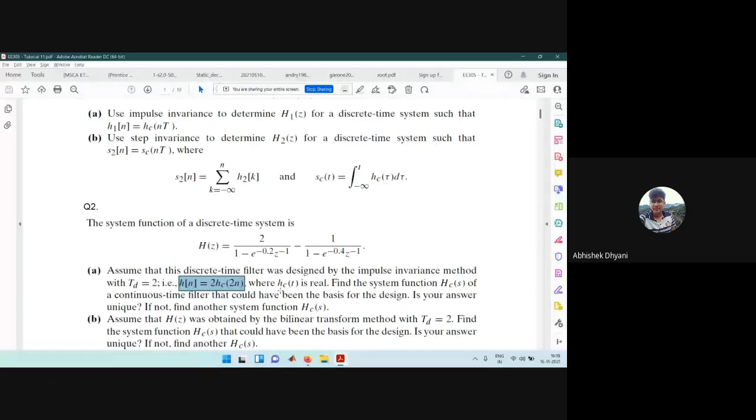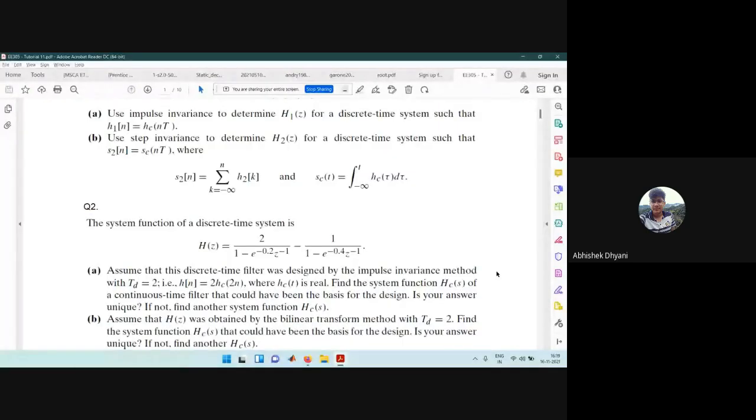And it is given that hc(t) is real. I have to find out the system function Hc(s), which is in continuous time, of a continuous time filter that could have been the basis for this design. And it's asking if my answer is unique or not.